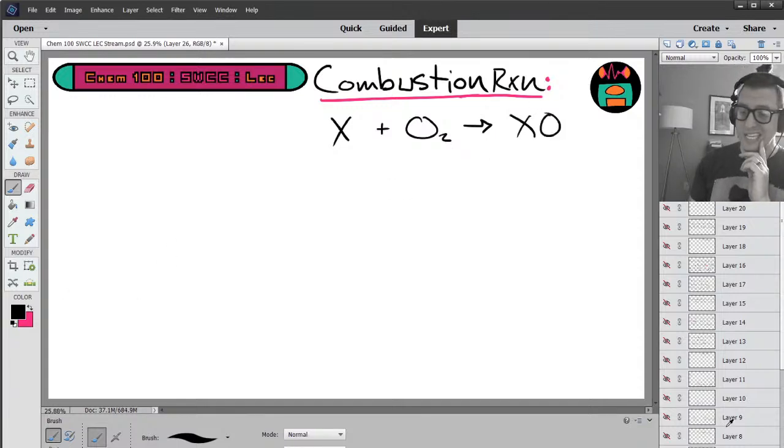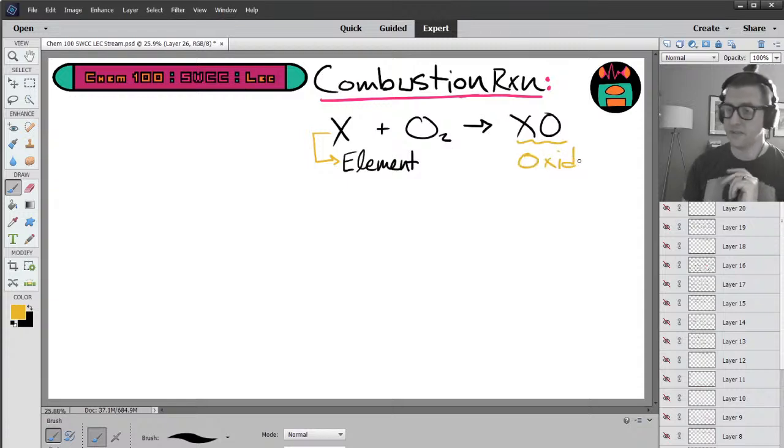So this right here, X is any element reacting with O2 to make an oxide of some kind.